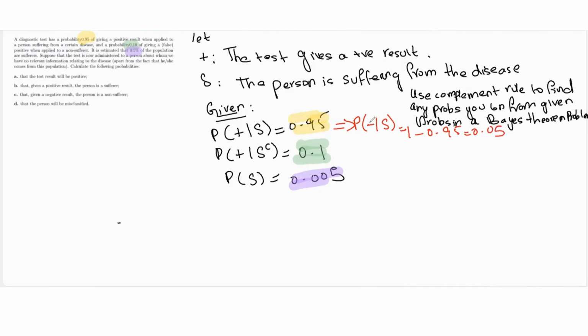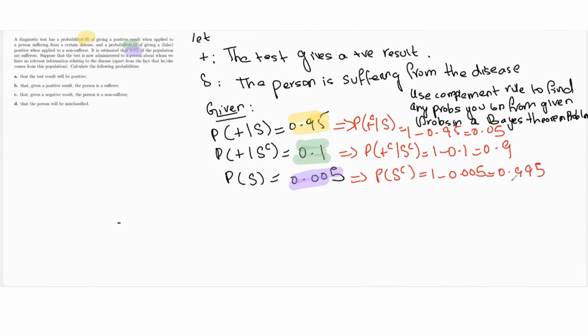We can write this as negative or as positive's complement, either way is fine. The probability that he's positive given he's not a sufferer is 0.1, so the probability of negative, the complement of positive, given that he's not a sufferer is 1 minus 0.1, which is 0.9. And the probability of sufferer is 0.005, so the probability that he's not a sufferer is 1 minus 0.005, which is 0.995.